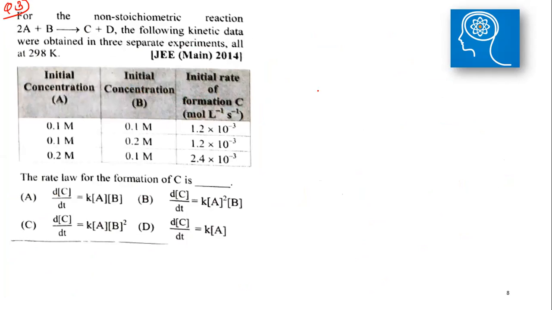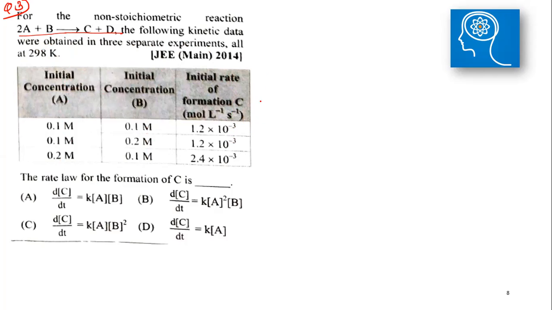For the non-stoichiometric reaction, twice A plus B gives C plus D. The following kinetic data were obtained in 3 separate experiments, all at 298. Okay. So initial concentrations of A, initial concentration of B, then initial rate of formation of C is given to you in this tabular form.